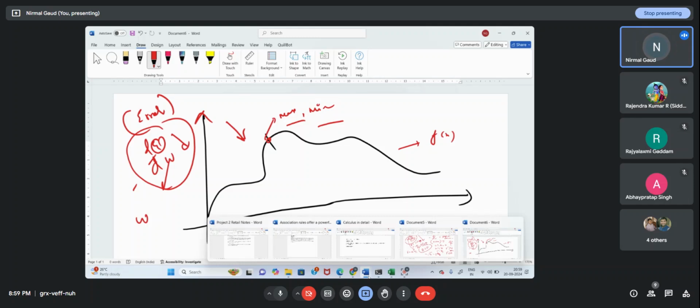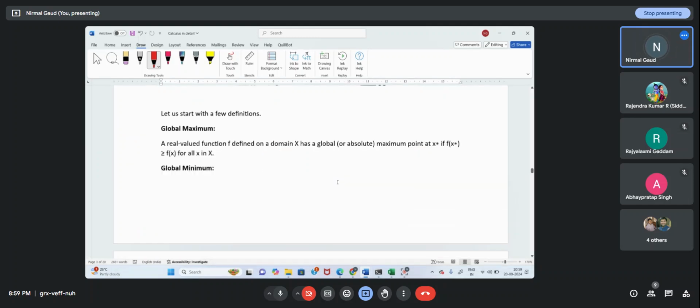What is present in my notes, because I was explaining in my own way: global minima, global maxima. A real valued function f defined on a domain x has a global or absolute maxima at a point if the function value is greater than or equal to f of x for all x in the domain.